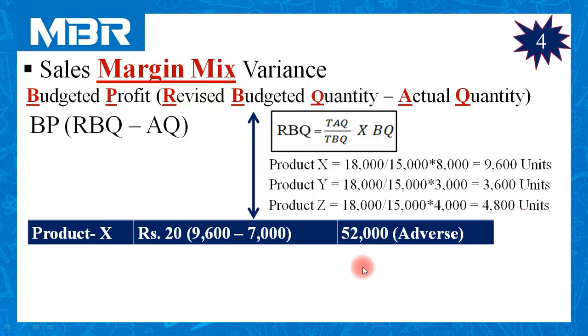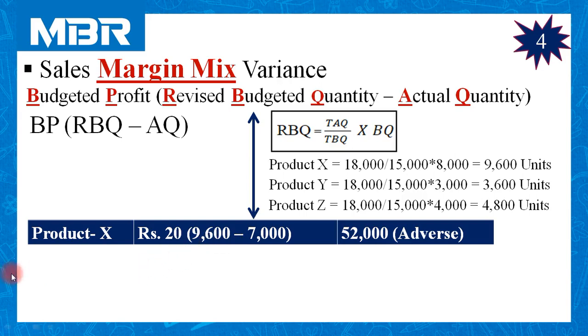So the difference is 52,000 adverse. Why is it adverse? I think you should be clear on this. As compared to revised budgeted quantity, actual quantity is less. So when the quantity is less, revenue is less. Revenue is less, profit is affected negatively.